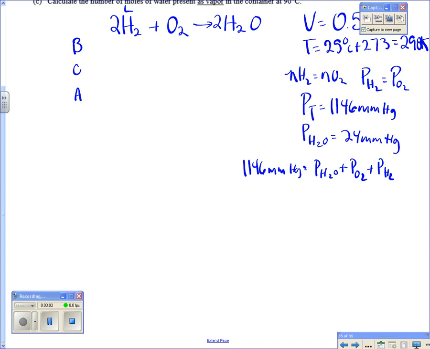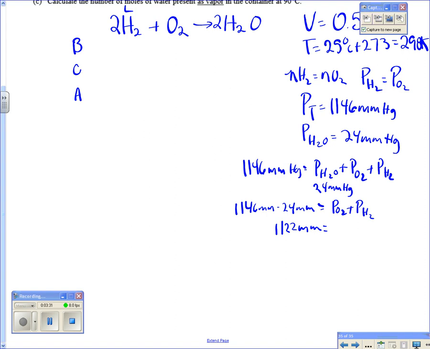I know the pressure of the water is 24. So if I subtract 24 millimeters of mercury from 1146 millimeters of mercury, that's going to give me the pressure of oxygen plus the pressure of hydrogen. Just a quick simple calculation, we get 1122 millimeters of mercury.